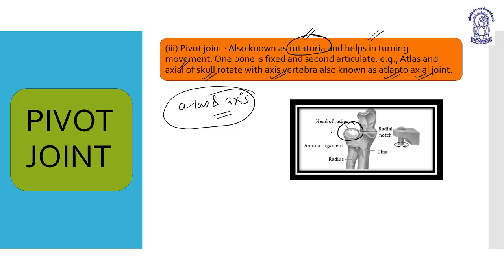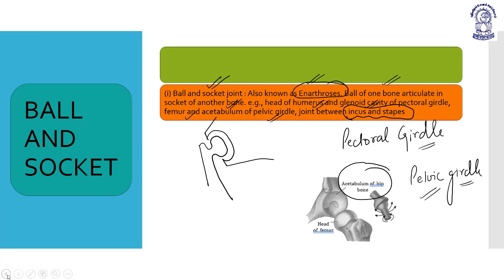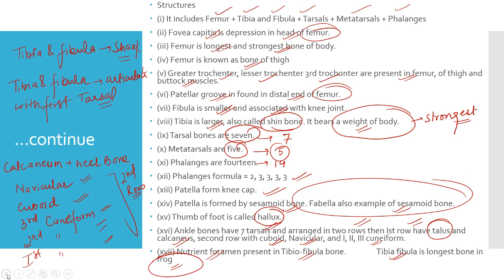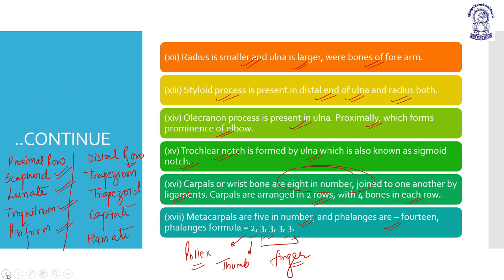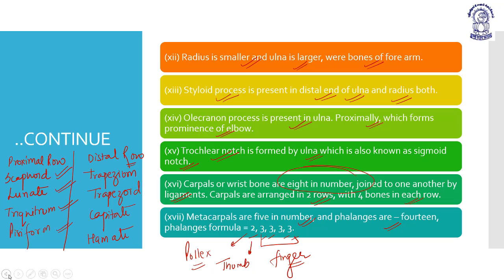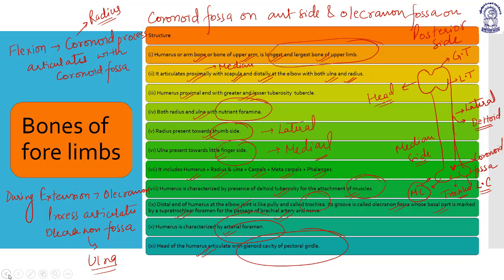In the previous class, we studied the olecranon process. Let me revise for you. Olecranon process articulates with the olecranon fossa in the ulna.